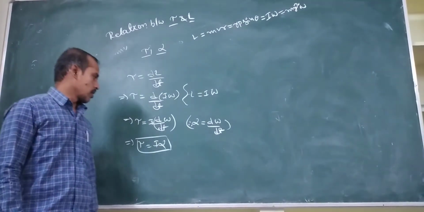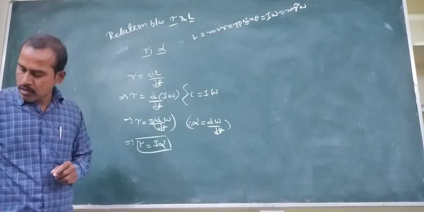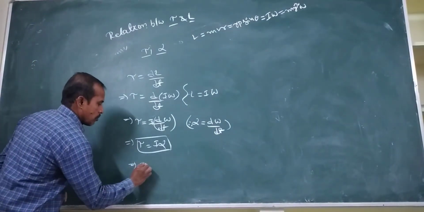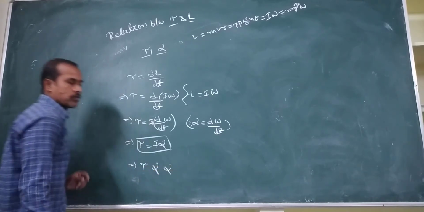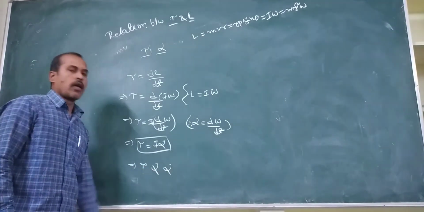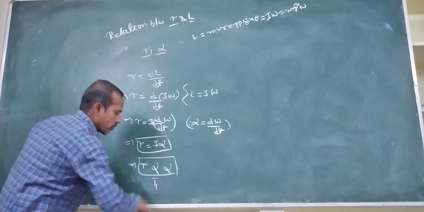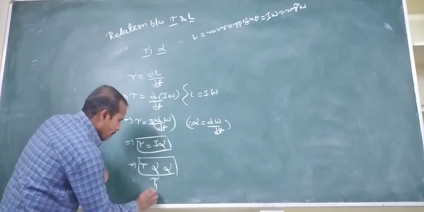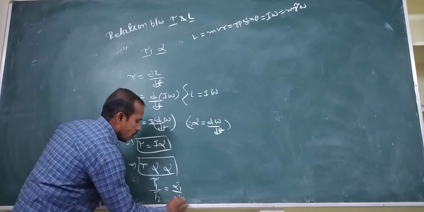Since the moment of inertia is constant, tau is directly proportional to alpha, angular acceleration. So tau 1 by tau 2 is equal to alpha 1 by alpha 2.